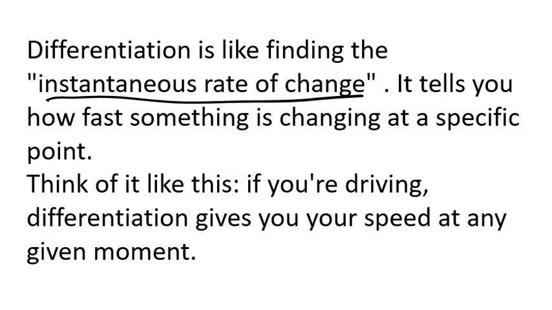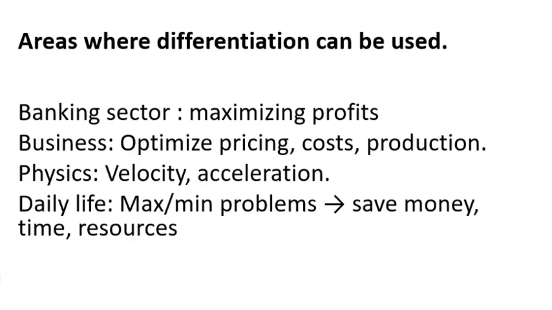Okay. The next thing that I want to talk about is areas where differentiation is applied. There are many, but these are few sectors that I mentioned. When you go to the banking sector, you see every bank wants to maximize profit. And one of the mathematical tools that they use frequently is differentiation.